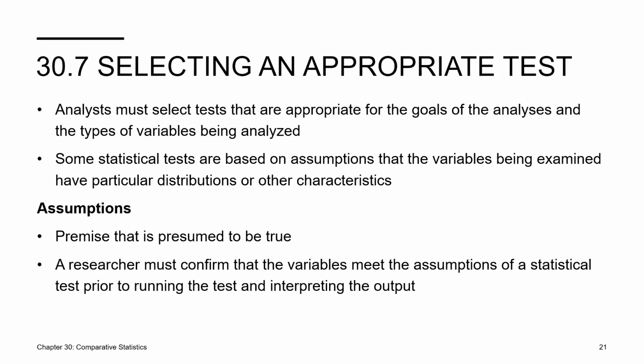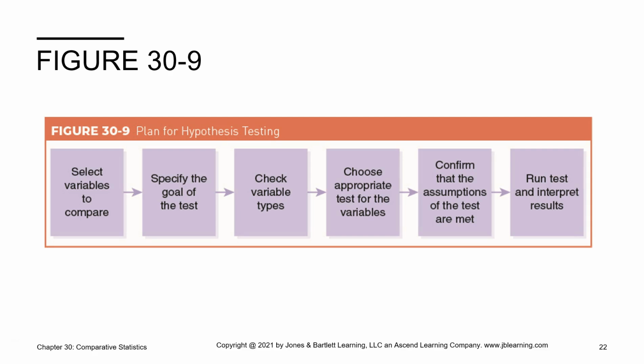Whenever you have a test that you want to run on your data, you have to look at the assumptions and make sure that your data meet them. You must check before running the analysis, because a computer program won't know what you're running. If you tell it to run a chi-square test and the data is not appropriate, it's going to run the test anyway and give you inaccurate results.